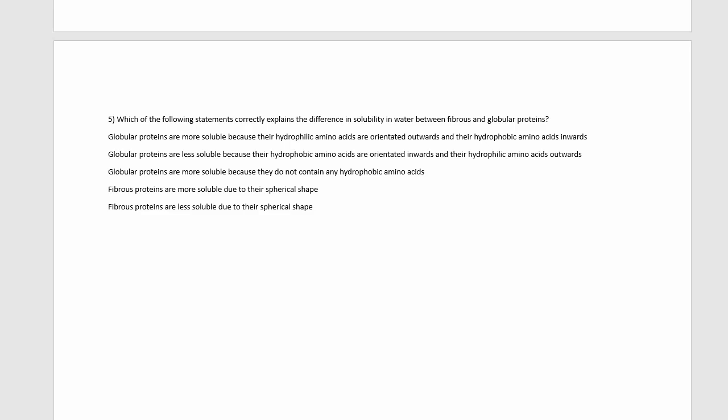Right, question 5. Which of the following statements correctly explains the difference in solubility in water between fibrous and globular proteins? Globular proteins are more soluble because their hydrophilic amino acids are orientated outwards and their hydrophobic amino acids inwards.